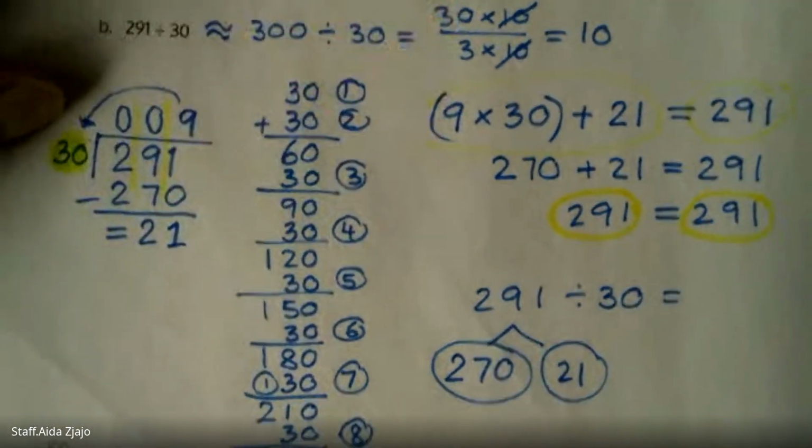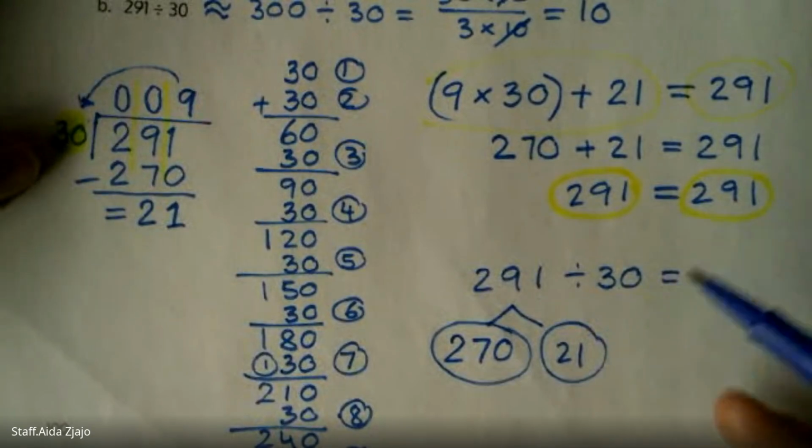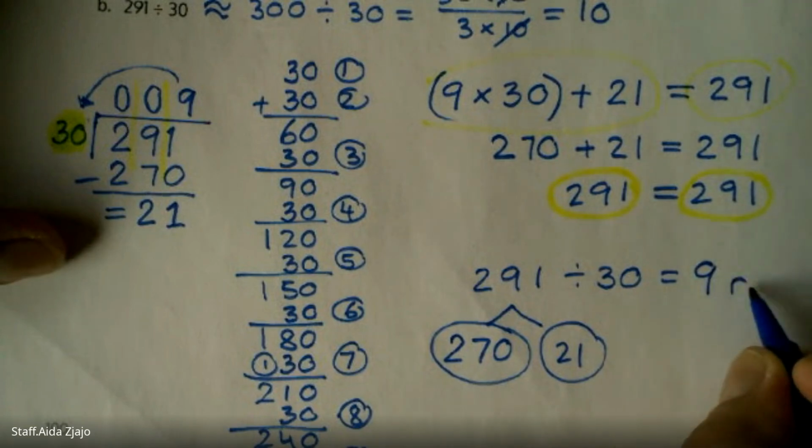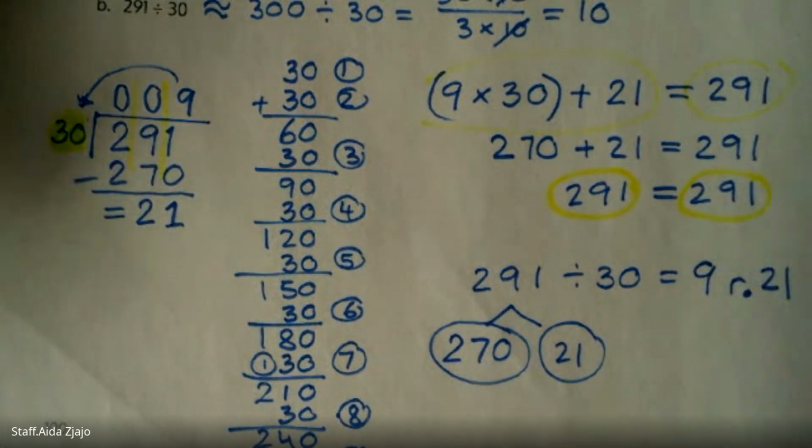Now you know that 270 divided by 30 is 9, and then a remainder of 21.